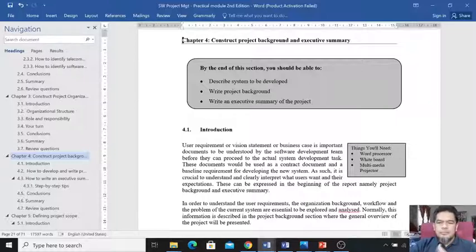Firstly, you have to understand that the business proposal report will be read by the top management, and some of them are not technical persons, so they are not interested to read your SRS or your SDP, which has a lot of technical models or technical architecture in the document, which they may not understand.